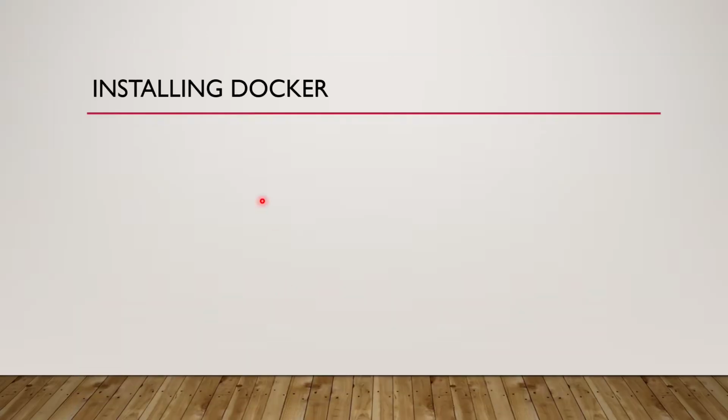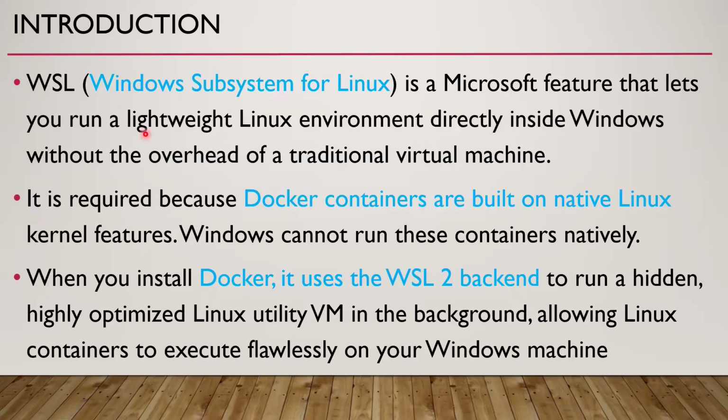So let us see how to install Docker. For Docker, we need Windows Subsystem for Linux. Windows Subsystem for Linux is a Microsoft feature that lets us run a lightweight Linux environment directly inside Windows without the overhead of a traditional virtual machine. It is required because Docker containers are built on native Linux kernel features.